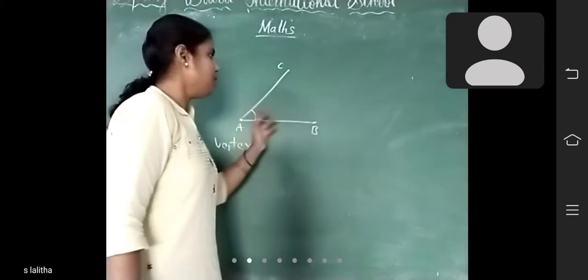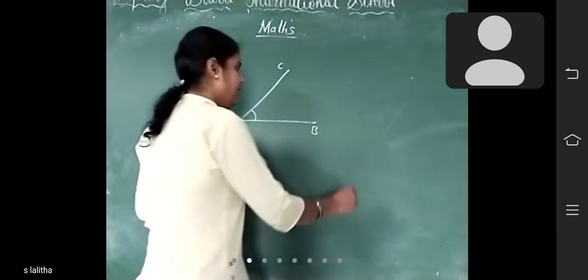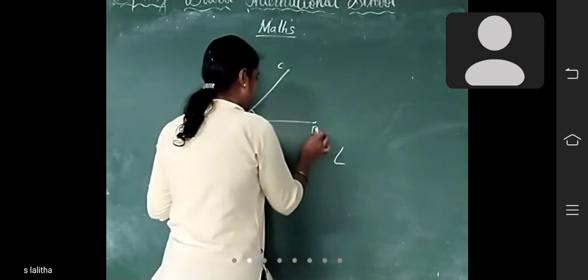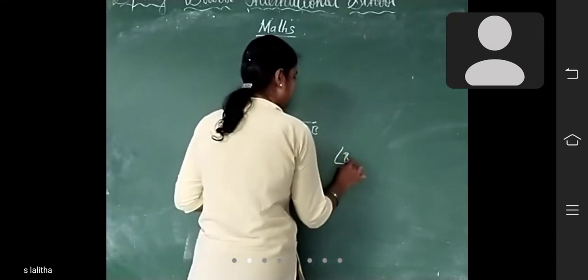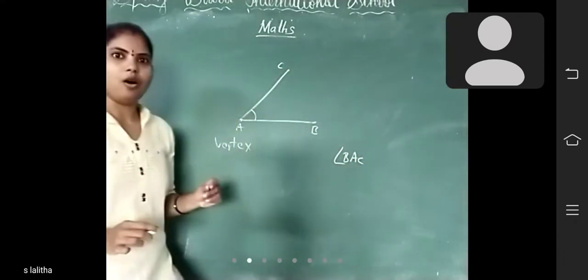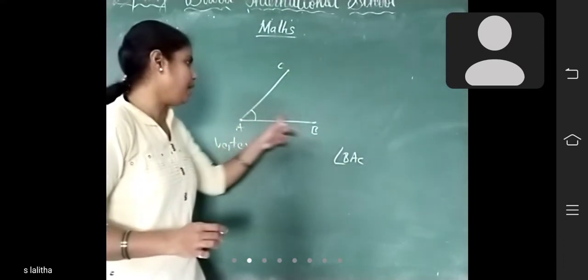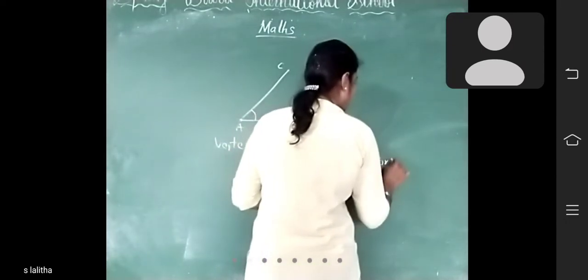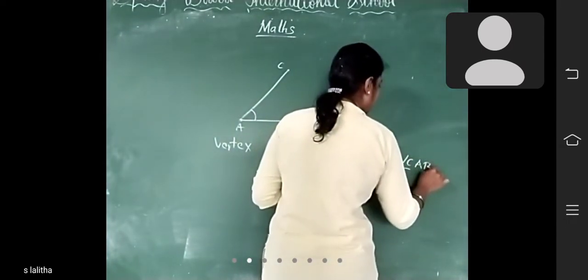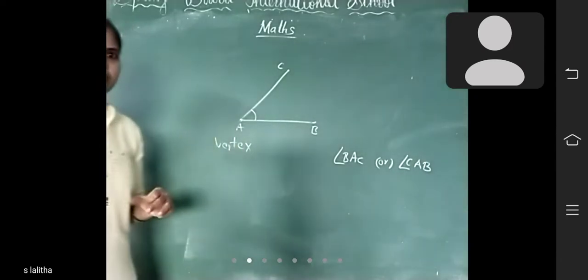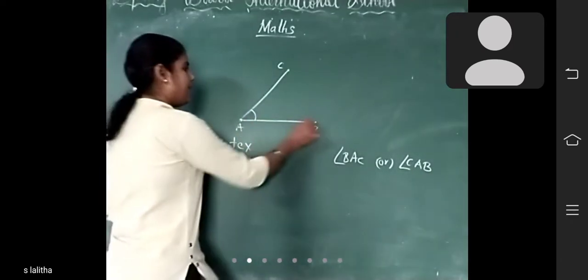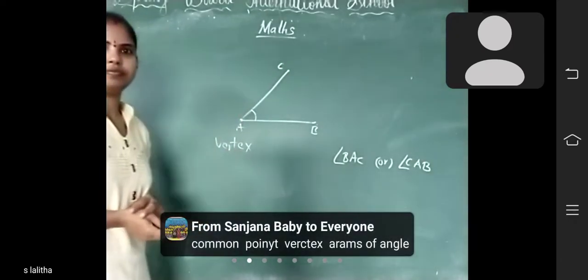And what is the name of this angle? Angle BAC or angle CAB. Next, what do you call AB and AC?